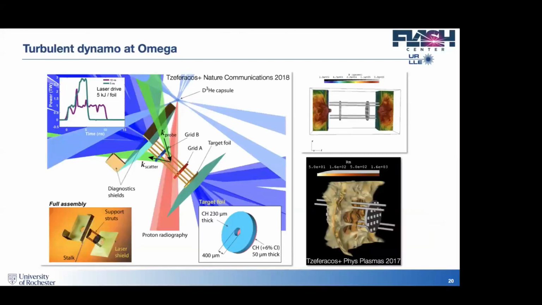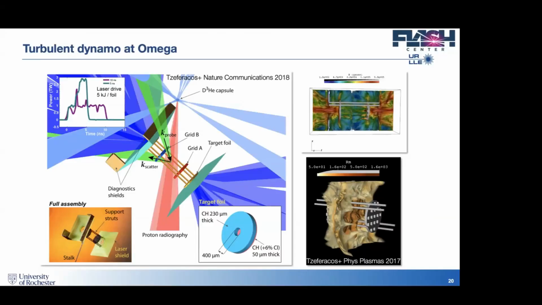It was this problem that we chose as a first approach to take FLASH and apply it into the lab astro world. And essentially, we used FLASH to design laser experiments for the Omega laser facility to generate a magnetized turbulence that would have magnetic Reynolds numbers above the critical value.